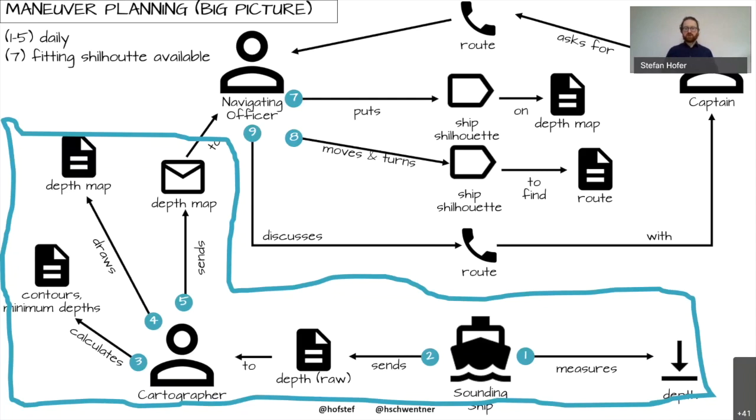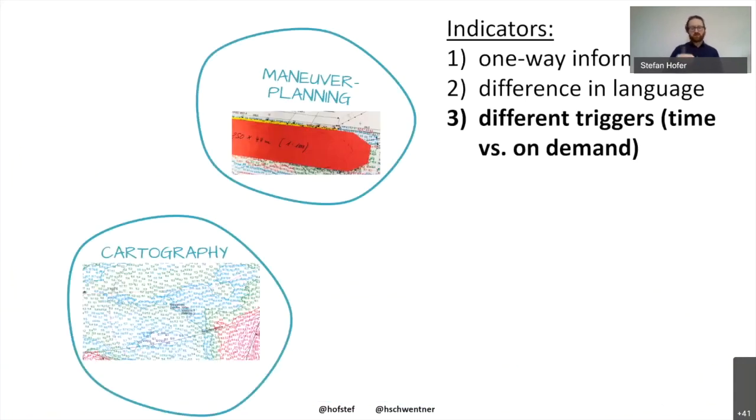Whereas the other part, well, it also happens more or less on a daily basis, but it has a different trigger. The captain asks for a route, so something has happened here. So different triggers like time-based or on-demand or request-based, those are also indicators that things might be separated into different subdomains. Now, it's not always that easy.